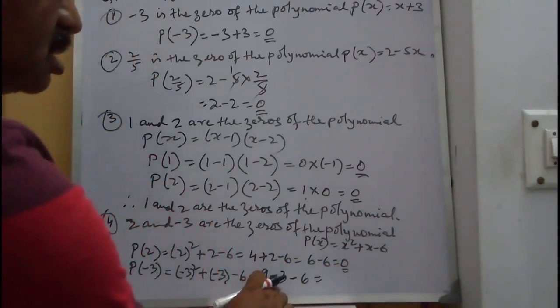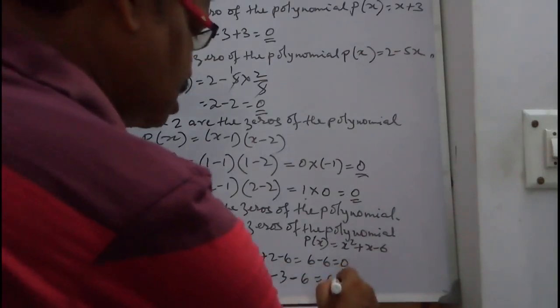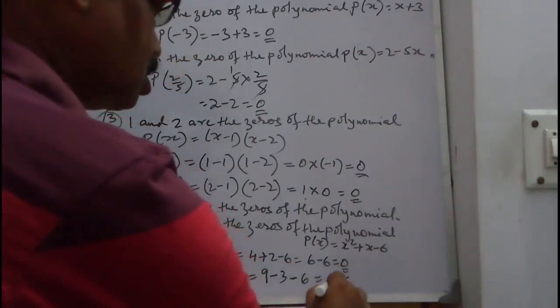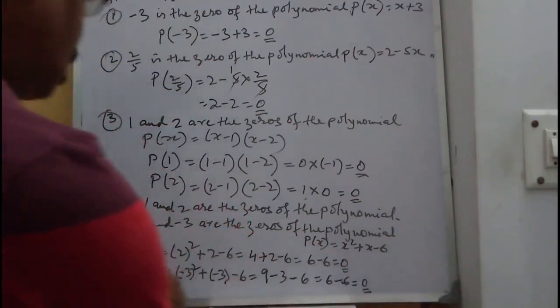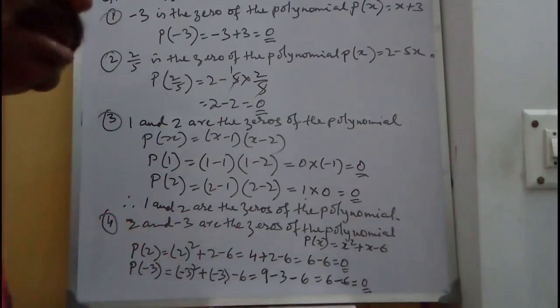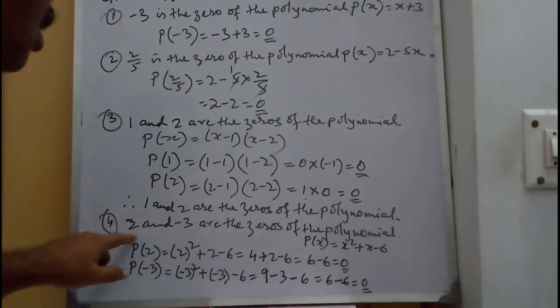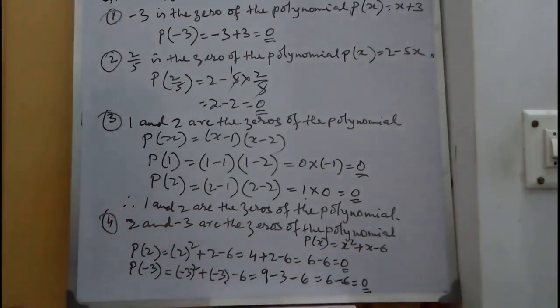So 9 minus 3 is 6. After that minus 6. So 6 minus 6 is 0. So it is also 0. In both cases the answer is 0. Therefore 2 and minus 3 are the zeros of the polynomial.